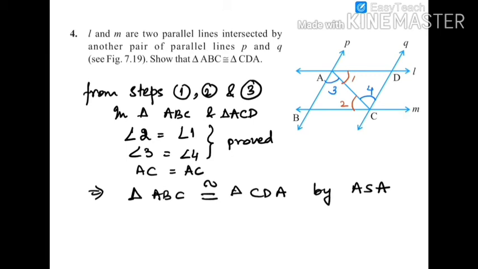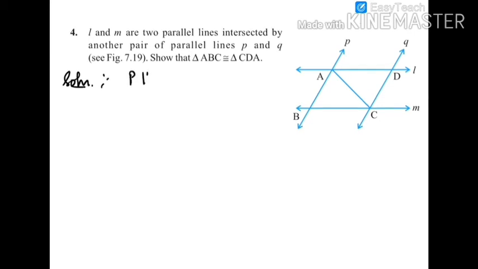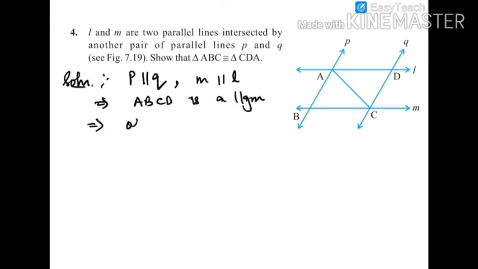In a parallelogram, the opposite sides are equal and opposite angles are also equal. So we can say that P is parallel to Q and M is parallel to L. This implies ABCD is a parallelogram. And then opposite sides are equal in a parallelogram. So AD will be equal to BC.